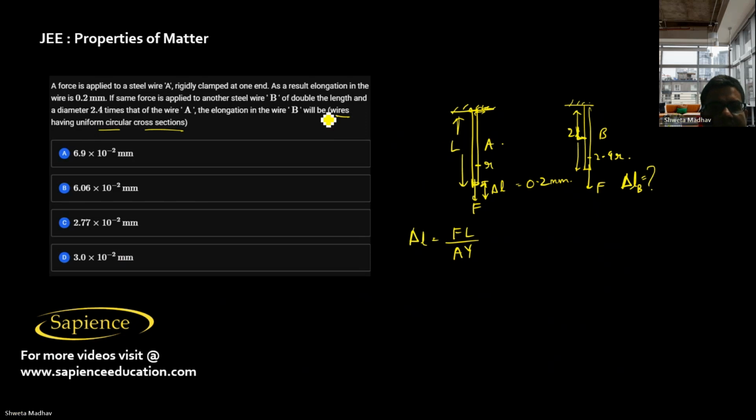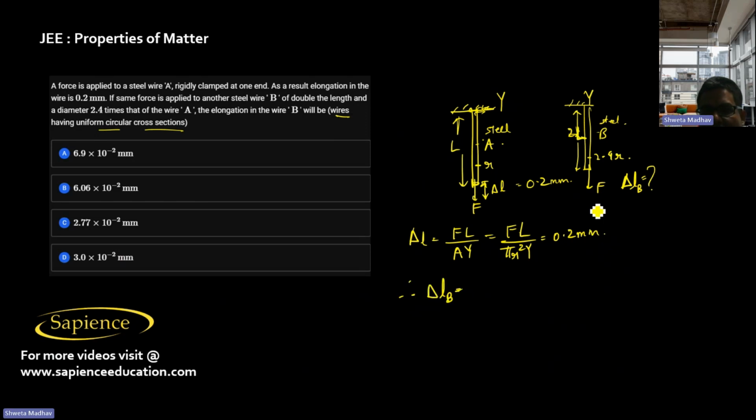Y is the Young's modulus of steel, which will be the same since both wires A and B are made of steel only. So delta L is FL by pi R square into Y, and that value is given as 0.2 millimeter.